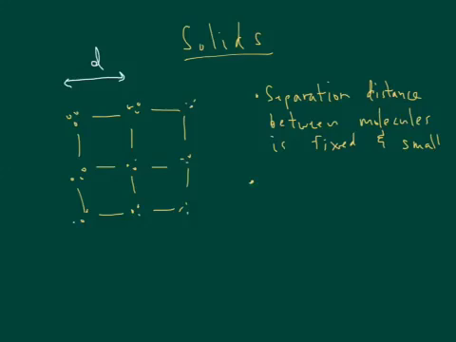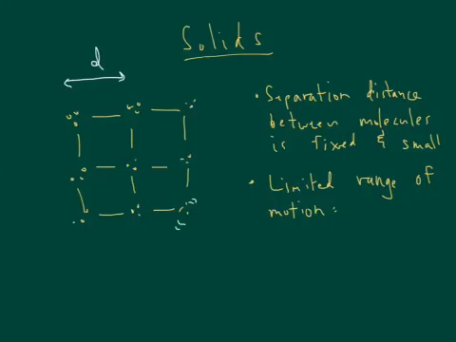The next point is that these molecules have a limited range of motion. We're going to explain what that means. The molecules are composed of little atoms, and those atoms can vibrate back and forth.